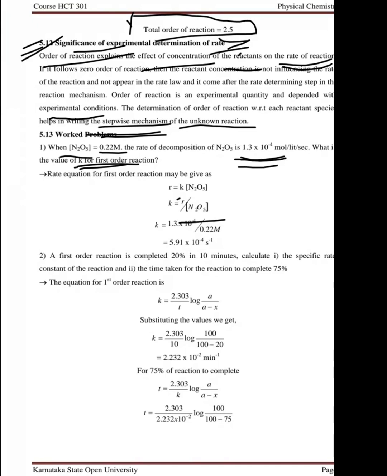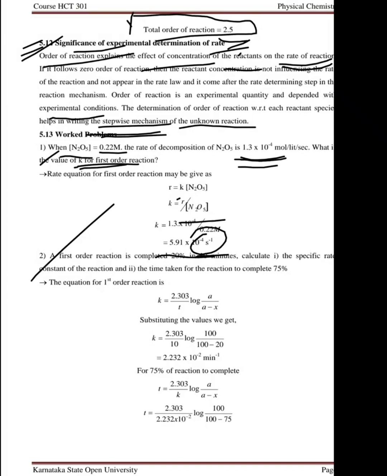This gives the rate constant of the first order reaction, 5.91 into 10 to the power of -4 per second, that is second to the power minus 1. So this is the first problem. If you go through this, you will get the idea.